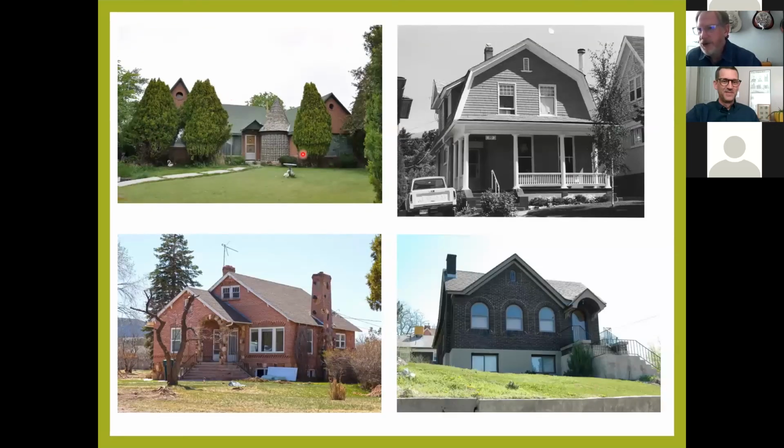So here we have a French Norman style with that little turret on it, a Dutch colonial style with the gambrel roof. This is more just kind of an eclectic kind of a colonial revival with these round arched windows. Same with this one here. These would almost be considered bungalows, but this one has kind of that battered chimney with the fancy stonework in it that you see a lot of times in rural areas.